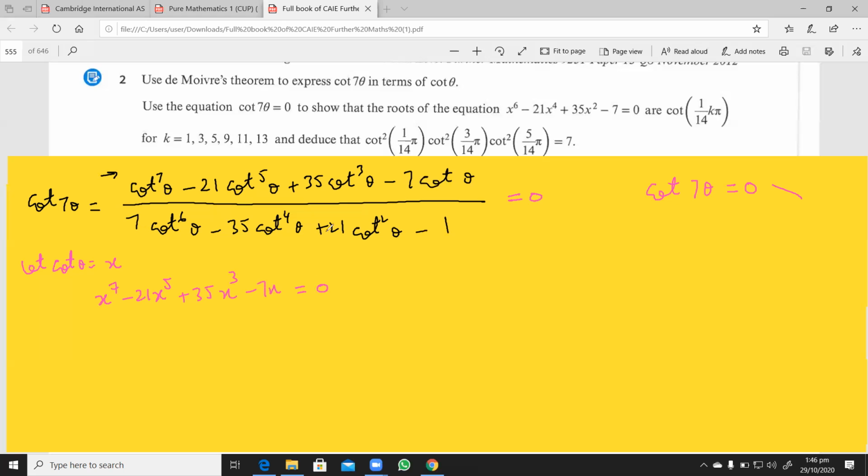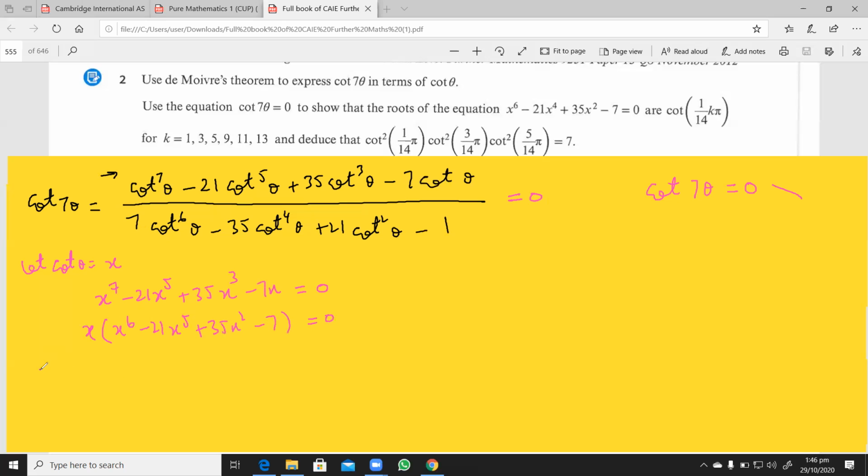And all of this denominator will be cancelled out with the 0 over here, okay? You can take x common from here. So you will be left with x to the power 6 minus 21 x to the power 5 plus 35 x squared minus 7 that is equal to 0.